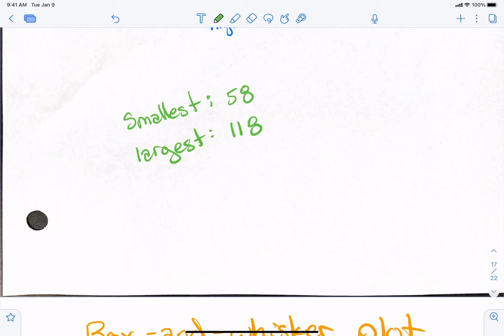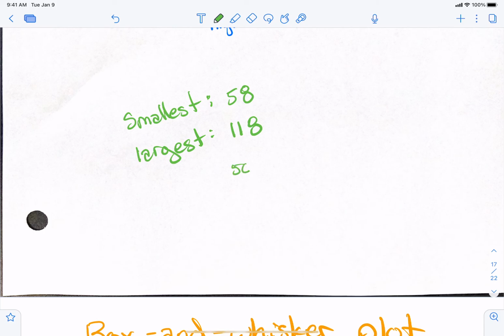What is your class size going to be? 50 to 120, going by 10. That would be the easiest.